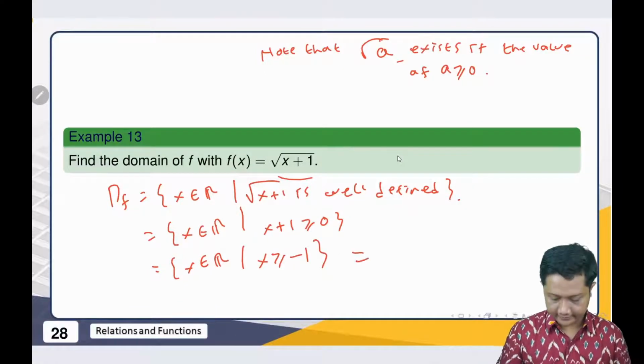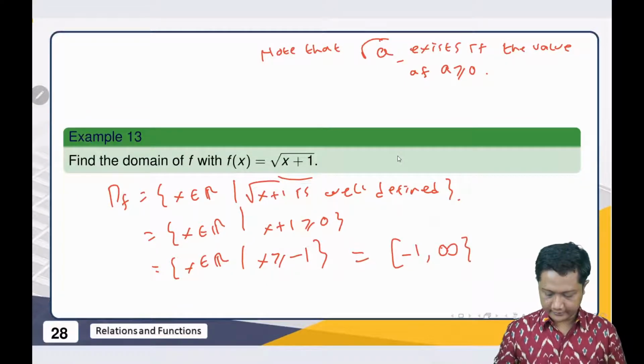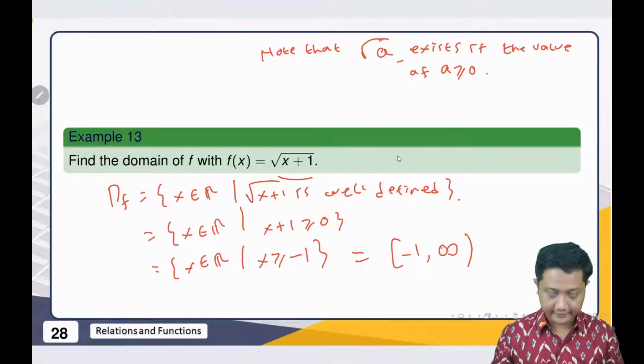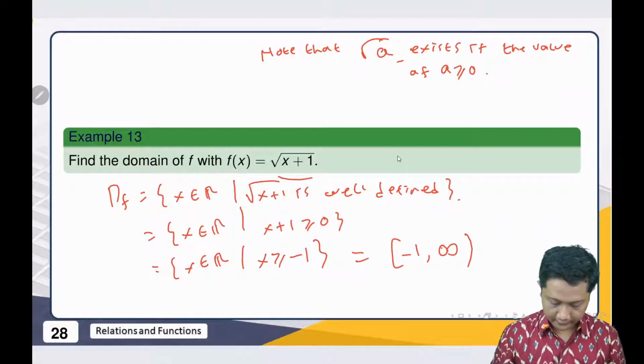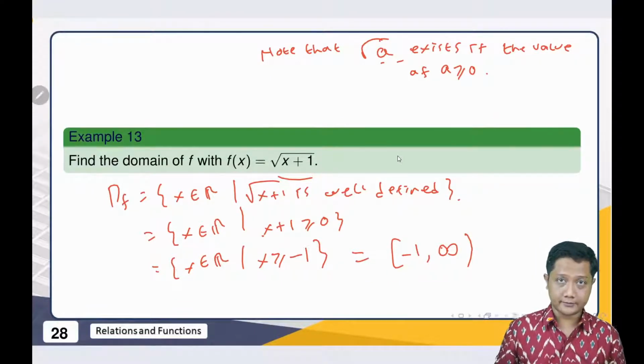If we write it as an interval, we get minus 1 to infinity. Okay, should be clear enough. So this is the domain, because we should make sure that whatever is inside the square root is a non-negative number.